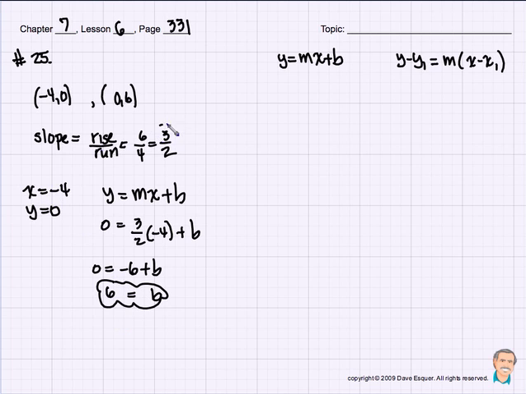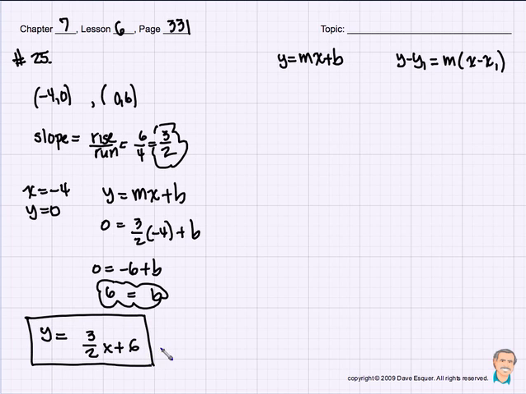So if b is equal to 6, and we discovered that the slope was 3 over 2, we can write our equation finally as y is equal to 3/2 x plus 6. Okay? That's method 1. Let's try it this other way.